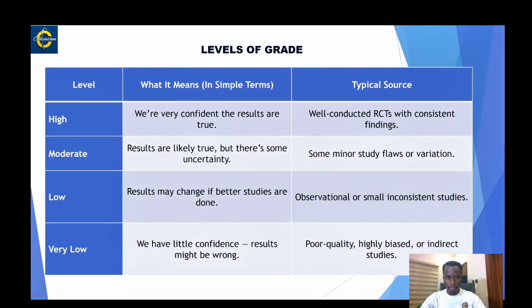So the levels of grading, that's how we use the GRADE assessment. The first thing we will usually do is grade as high, moderate, low, or very low. Whenever somebody says we are very confident in that, then that's very, very high. So you can also apply this to your research, try and run it.